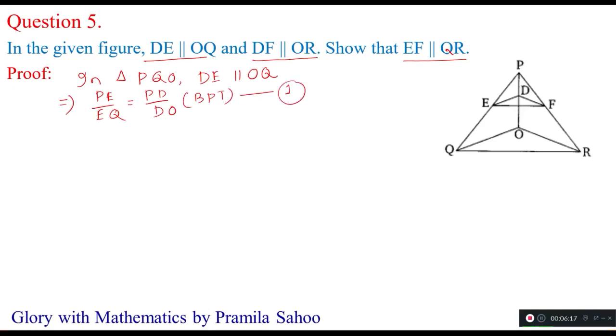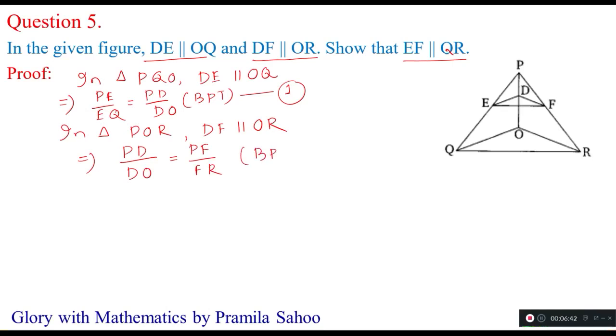Again in triangle POR, DF is parallel to OR. So this implies PD by DO is equal to PF by FR. This is also due to the basic proportionality theorem. Let us take it as equation 2.